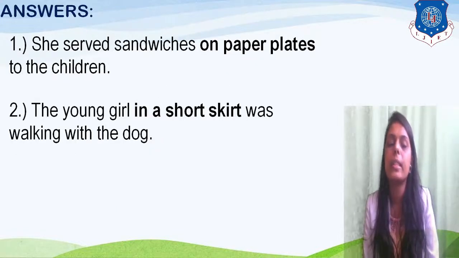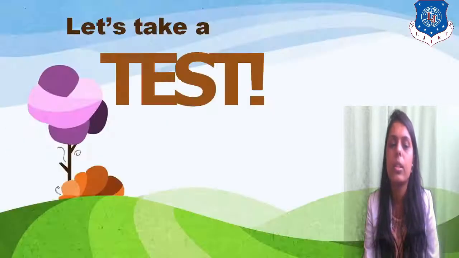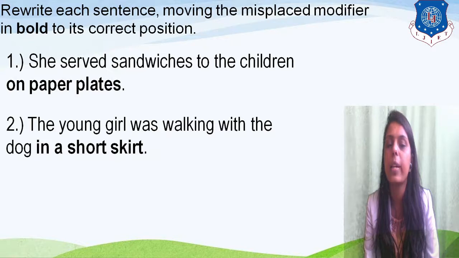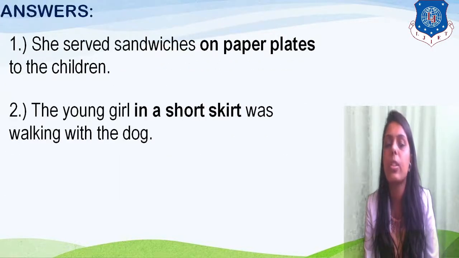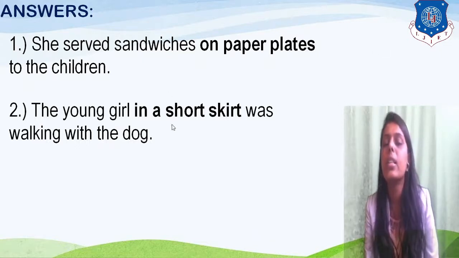Okay, so the first answer will be: She served sandwiches on paper plates to children. What was written first was, she served sandwiches to the children on paper plates. That's the difference. Second: The young girl in a short skirt was walking with her dog.